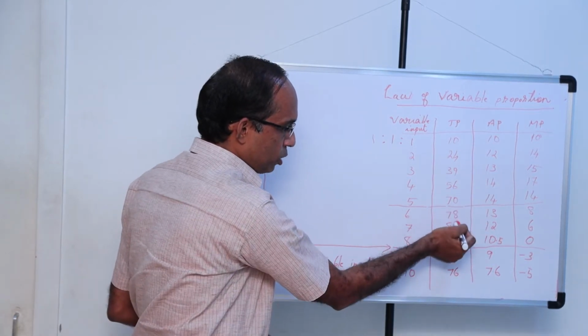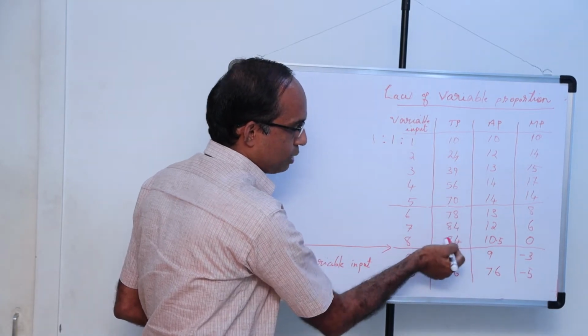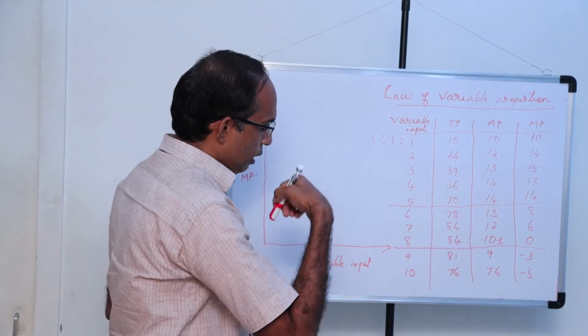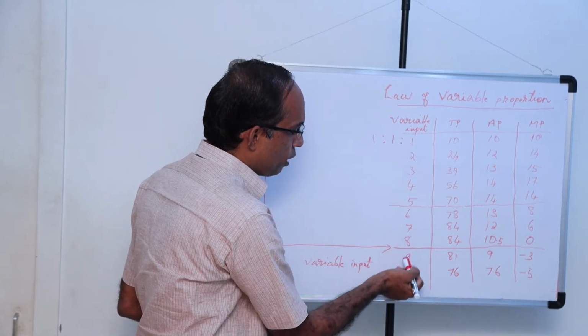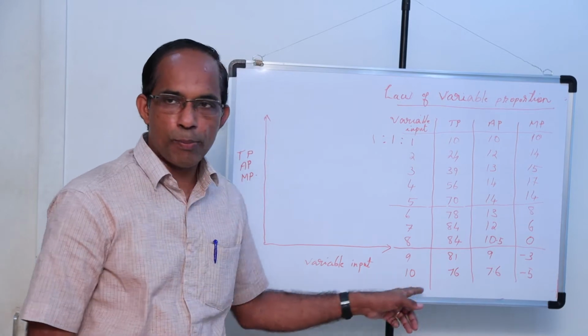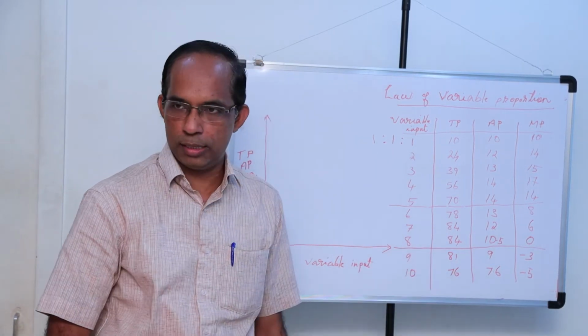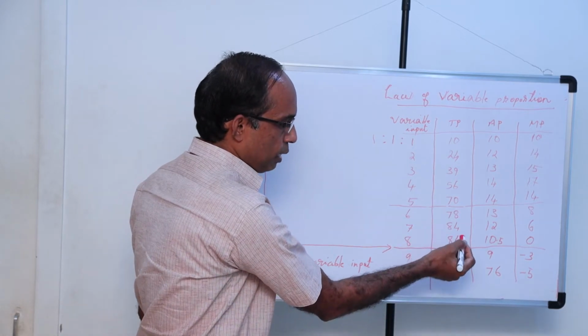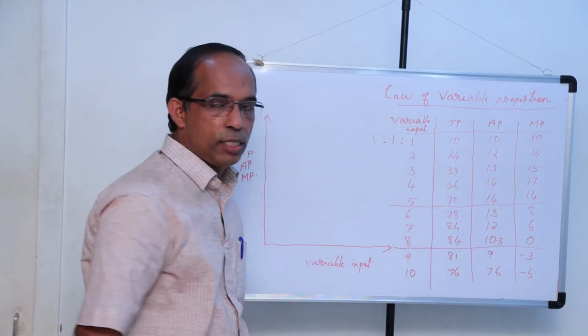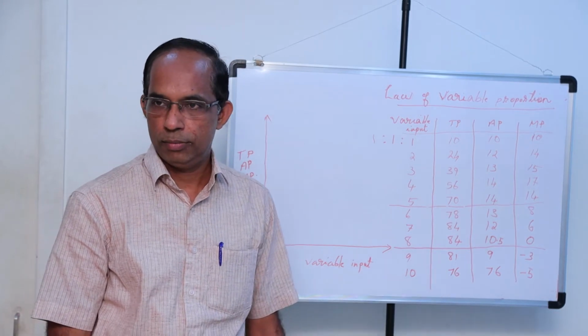And again it increased by 6, and again total product remains constant. And again when he increases variable input to 9 kilograms and 10 kilograms, what happens to total product? Adul Sunny, what happens to total product? From 84, it decreased to 81 and again 76.